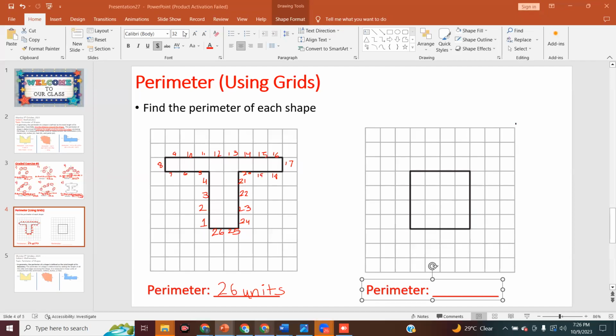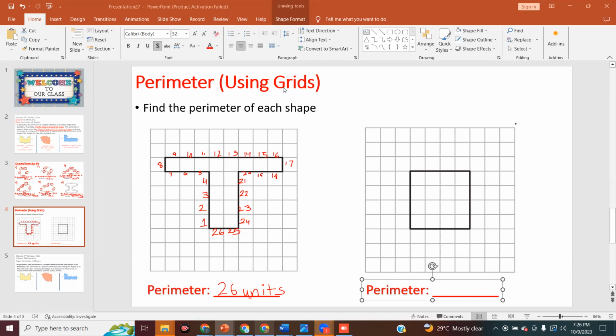Okay, seeing more and more persons answering. Still waiting on the rest of you. Remember, we need to find the perimeter of the shape, the distance around it. So someone said 16 units, the next person says 20, next says 18, 19, 12, 28.